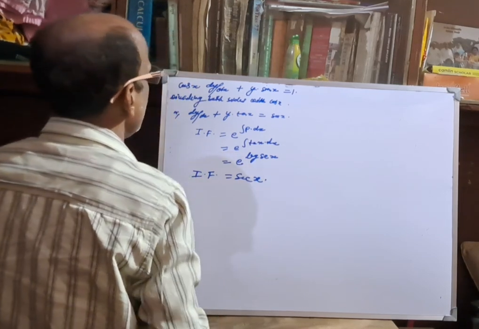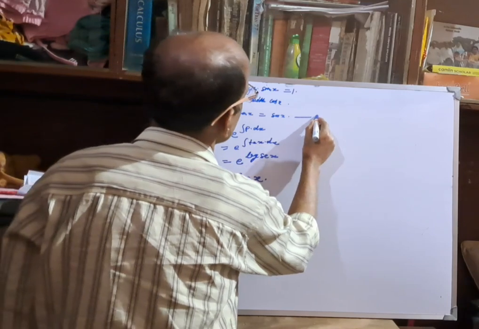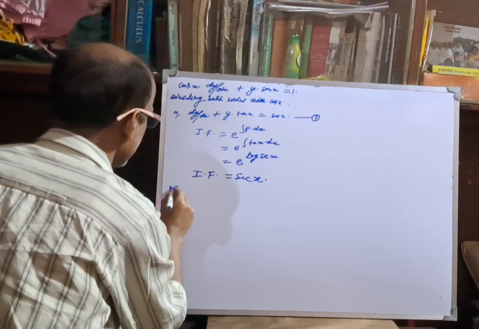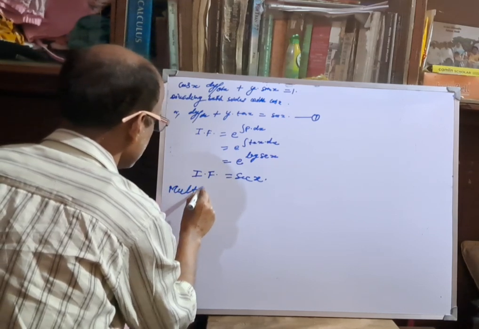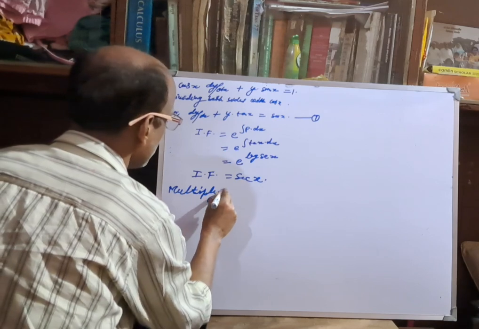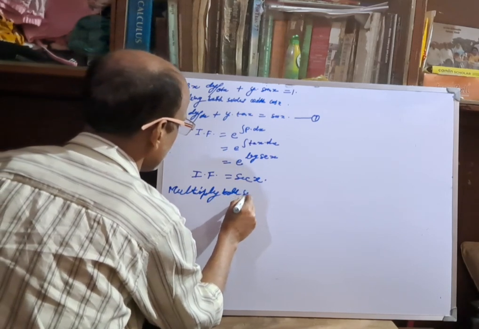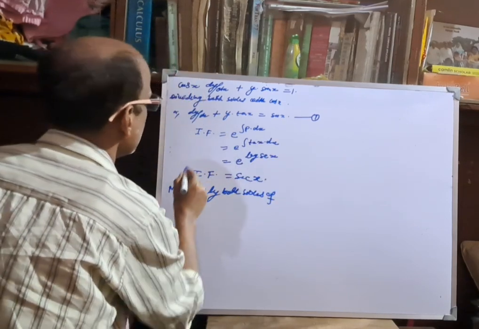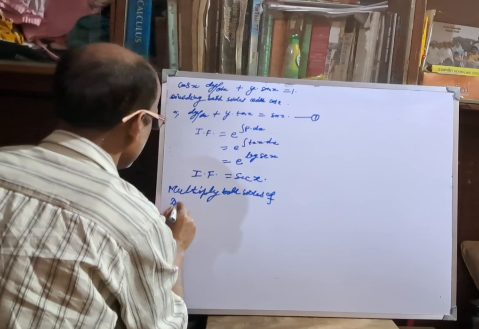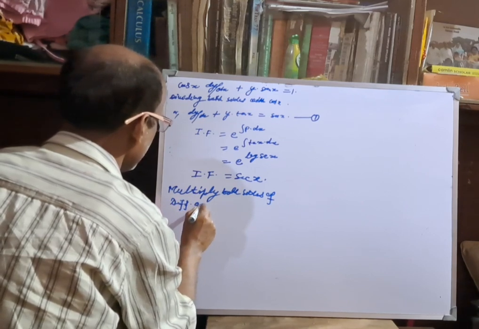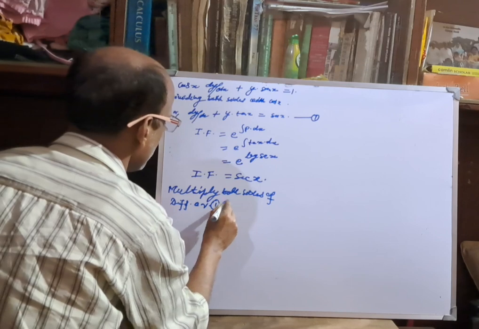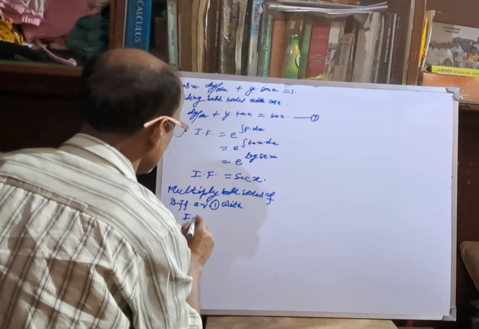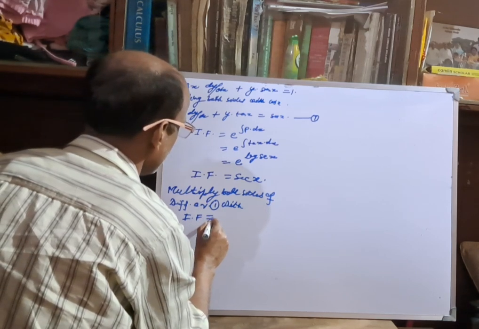Okay. Now this is equation number 1. I can now multiply both sides of differential equation 1 with the integrating factor, which is equal to sec x.